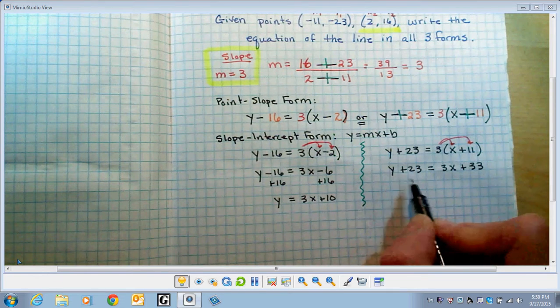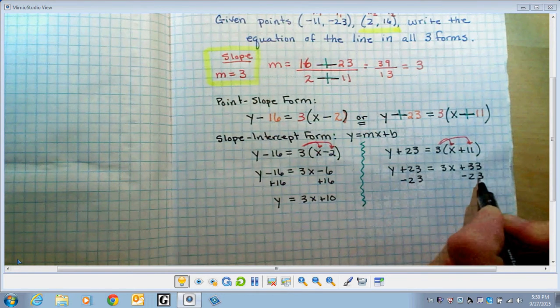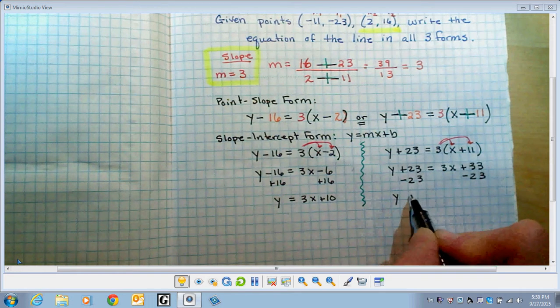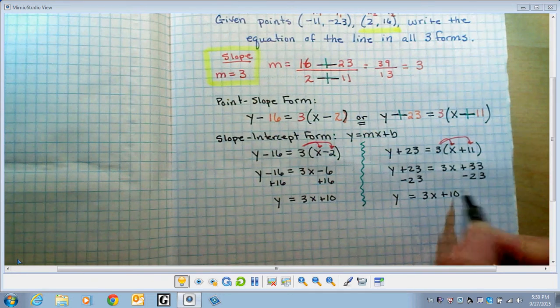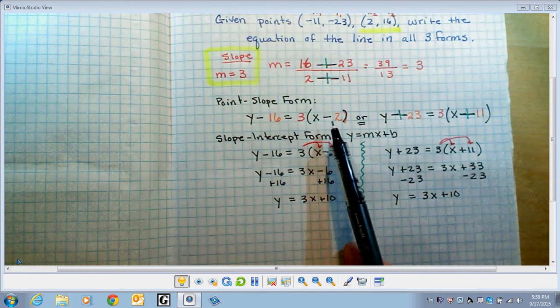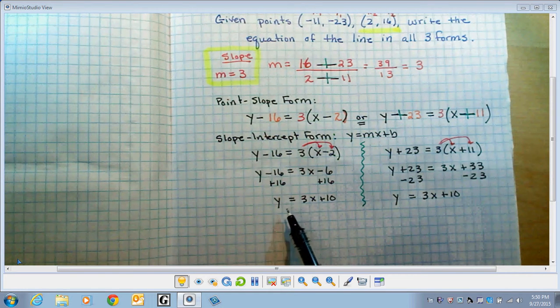I want to get y by itself, so I'm going to subtract 23 from each side, and I get y equals 3x plus 10. So you can see this equation and this equation are the same exact equation. They're both y equals 3x plus 10.